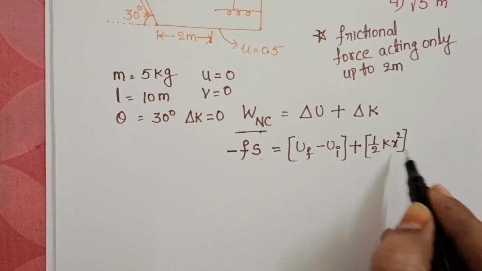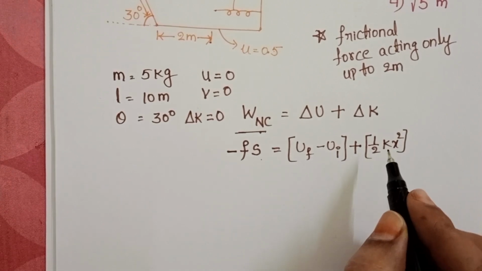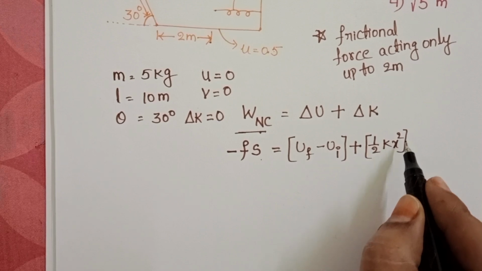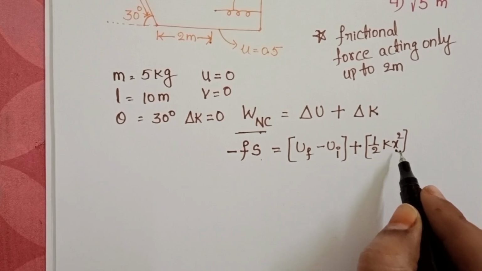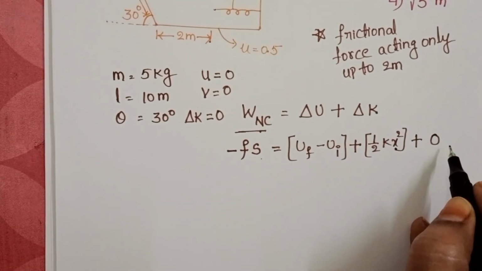This is plus sign because initially there is no compression, only it has the final compression. So take the formula half k x square, where x is maximum compression of the spring. Change in kinetic energy is 0.